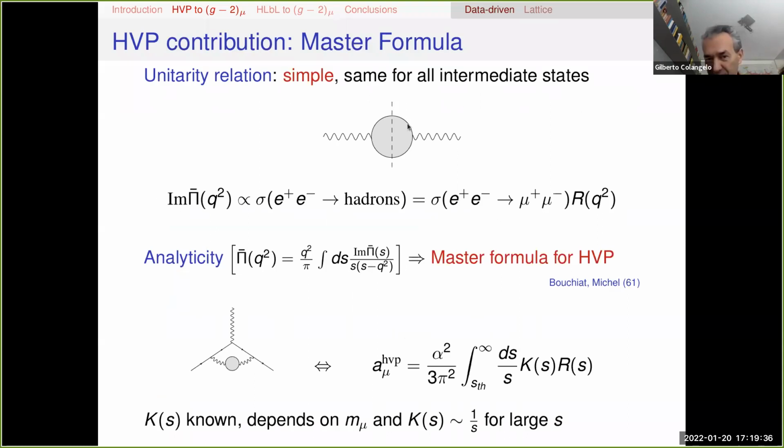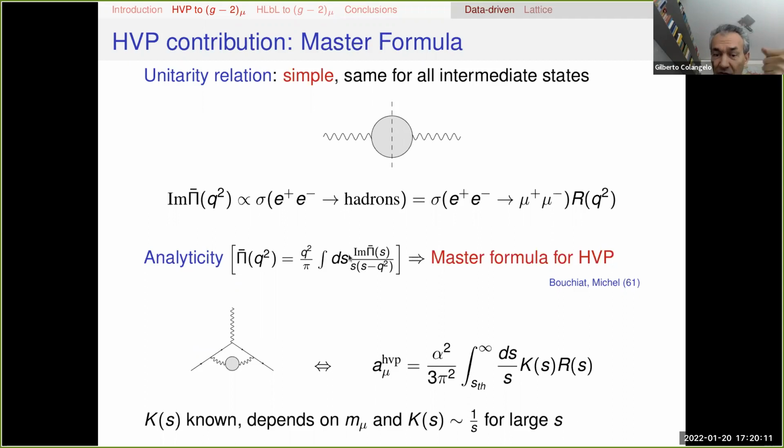It's essentially the optical theorem: if you cut through this blob, then you get the imaginary part, which is given by the multiplication of these two amplitudes, essentially the modulus square of the sub-amplitude on the left, which is the process e+ e- going to a virtual photon going to hadrons. The virtual photon you can obtain with e+ e-, and so the imaginary part is related to this cross-section.